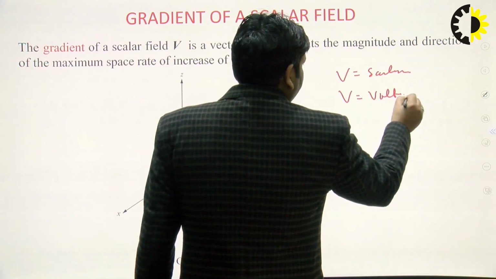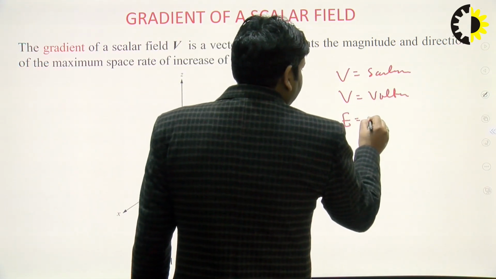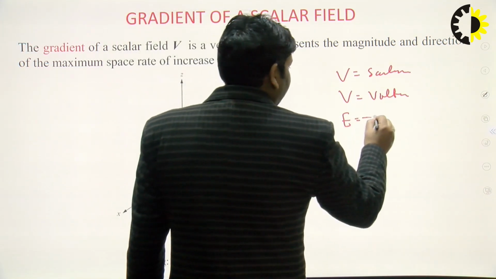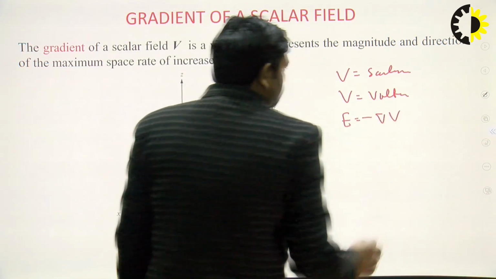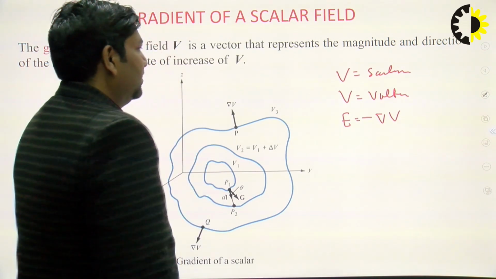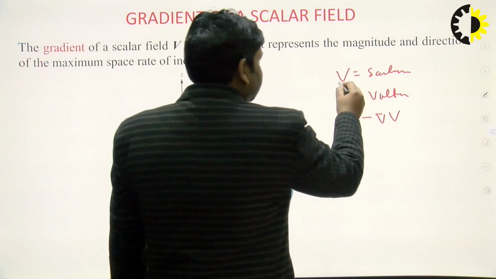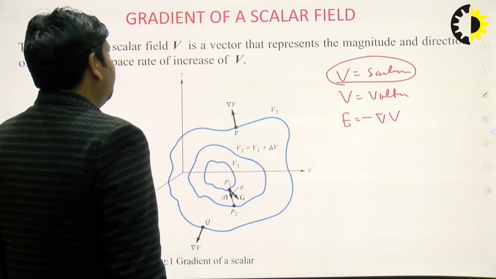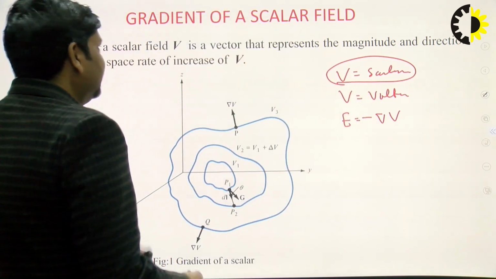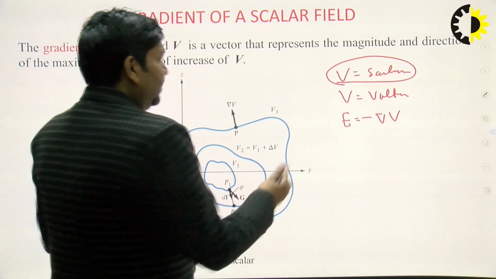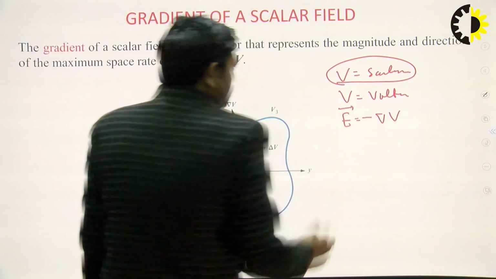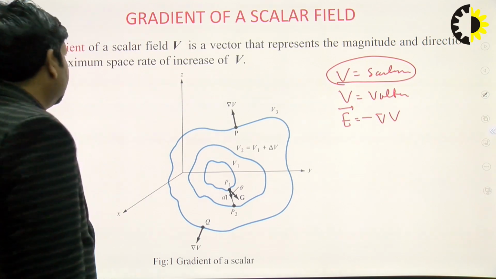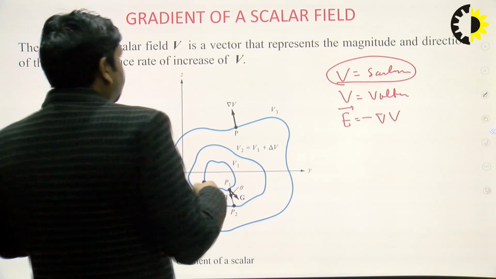We know the relation between the electric field and the voltage: E is minus the gradient of V. If I have a scalar field V and we find the gradient, it represents a vector field having the magnitude and direction of the maximum space rate of increase of V.